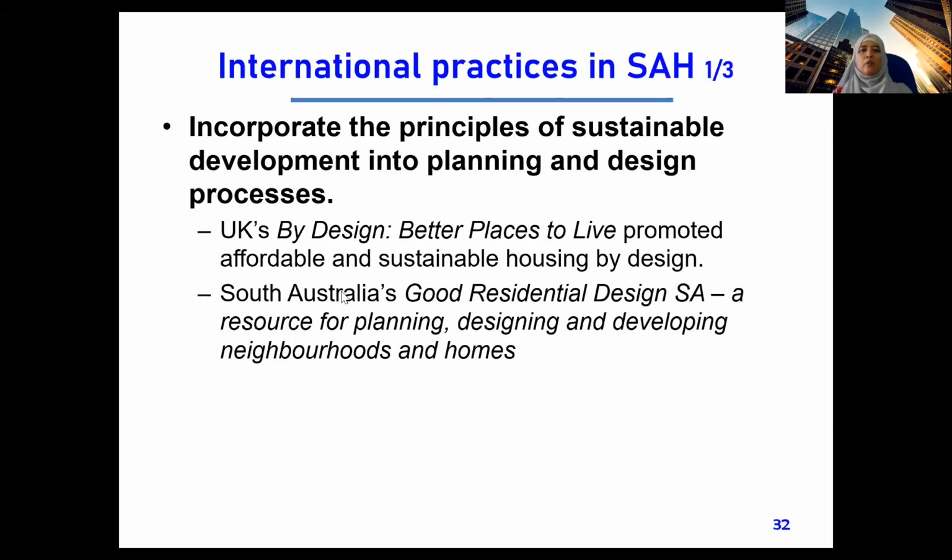In Australia, South Australia's Good Residential Design, a resource for planning, designing, and developing neighborhoods and homes. These guidelines provide the necessary information or ideas for affordable housing developers on how to ensure that the housing is sustainable and affordable at the same time.